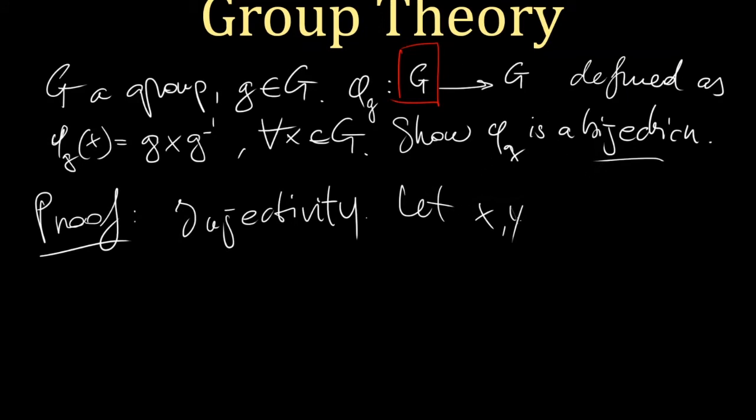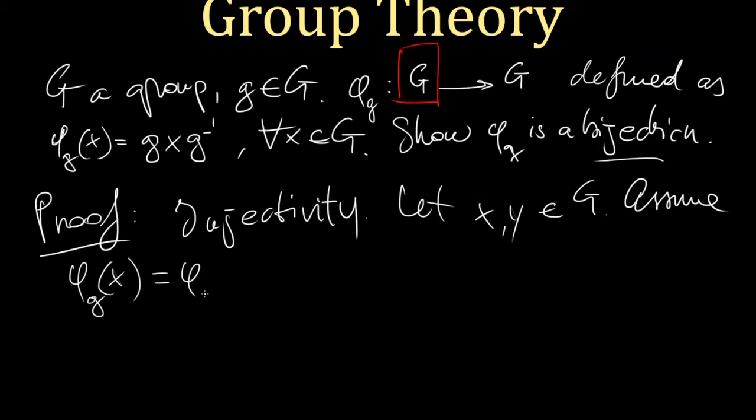So let x and y be elements of G. Now assume, as we said before, that little phi of g of x is equal to little phi of g of y. And then we have to show at the end that if it is injective, we're going to have x equal y.